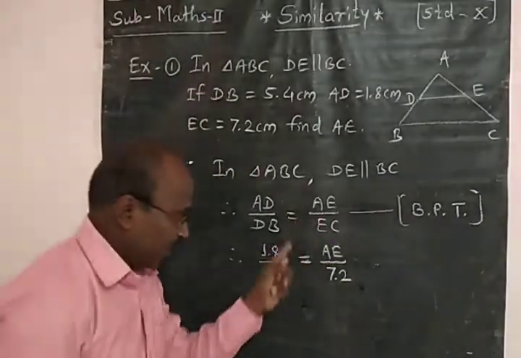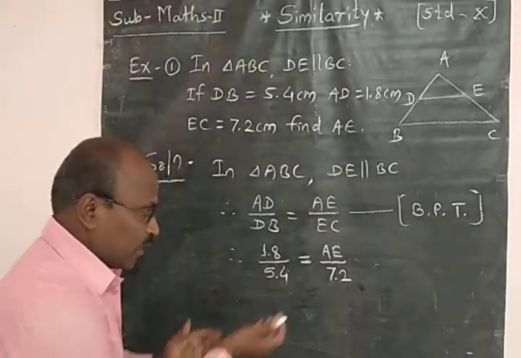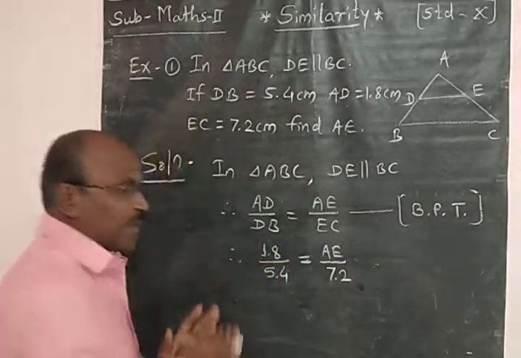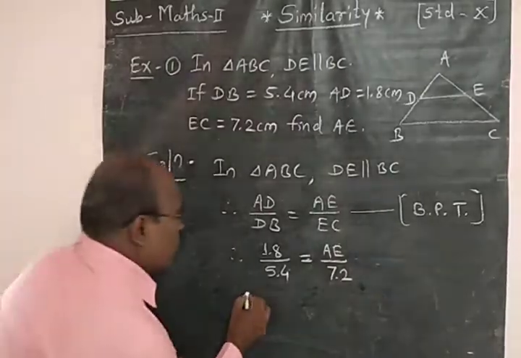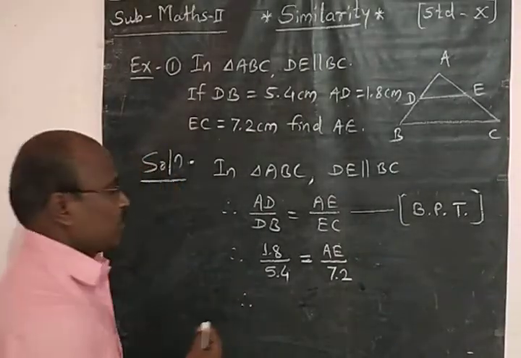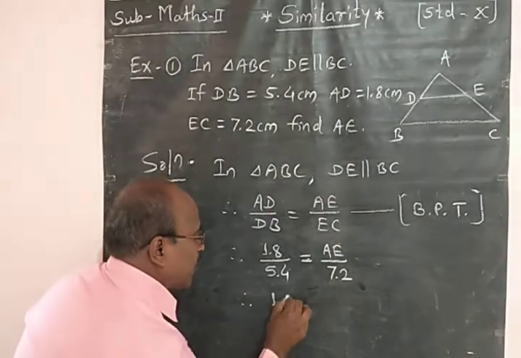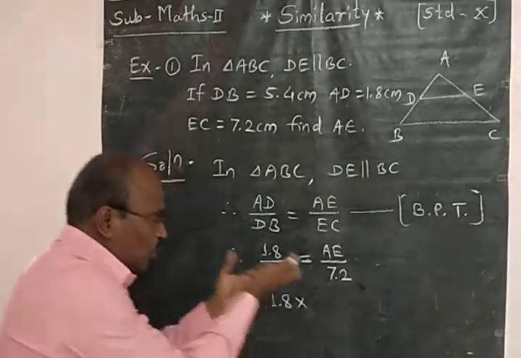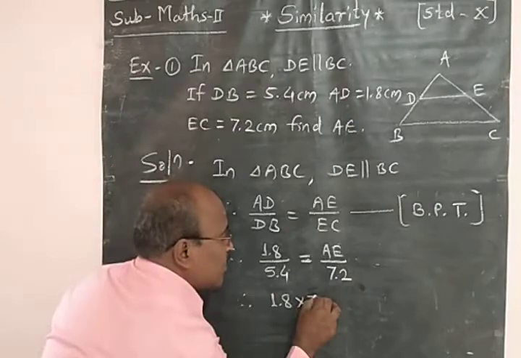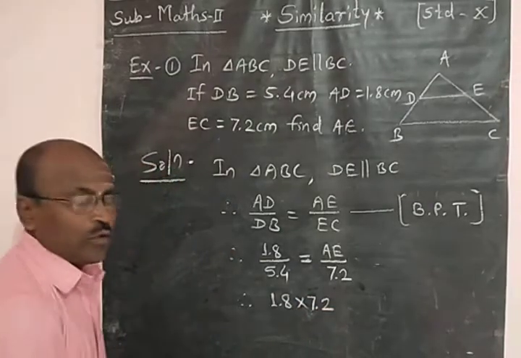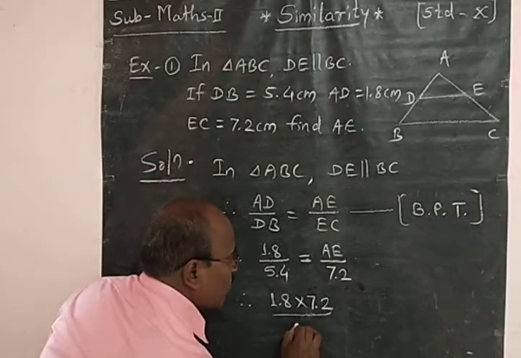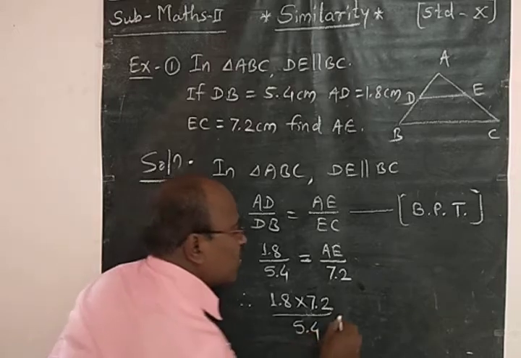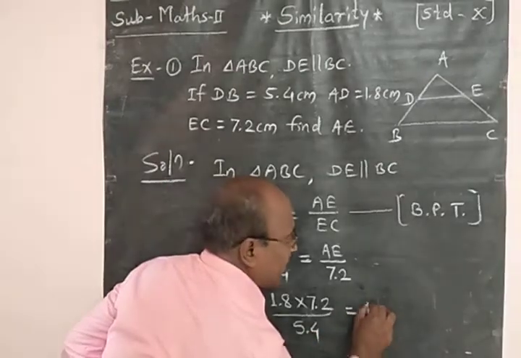Now you have to find the value of AE, so do the cross multiplication here. What will we get? 1.8 into 7.2, divided by 5.4, is equal to AE.